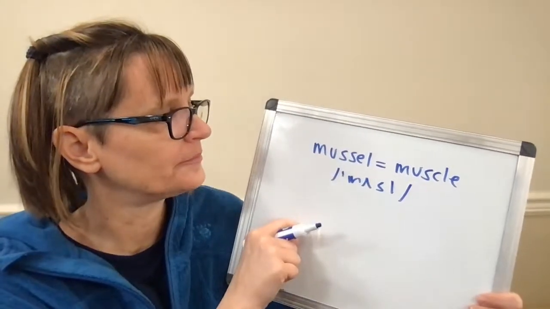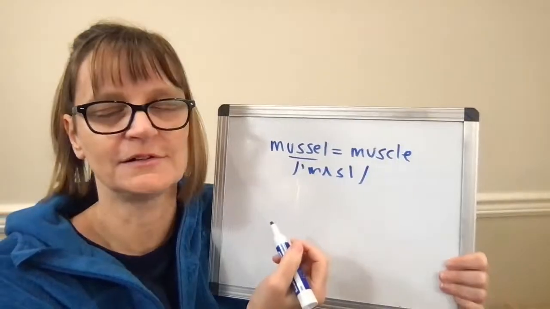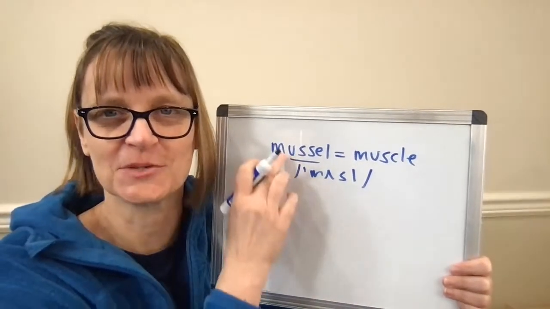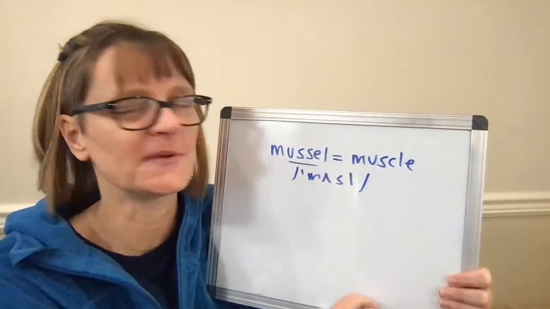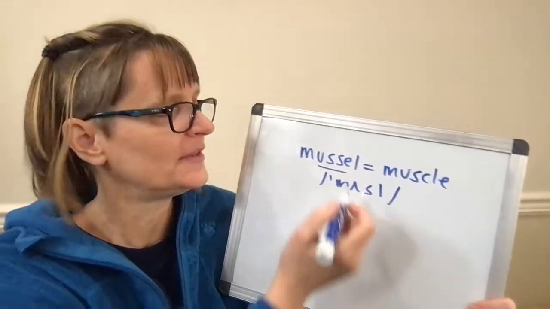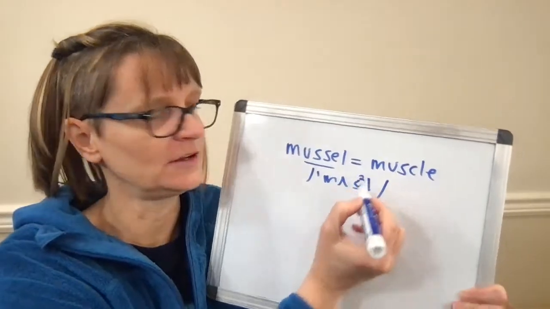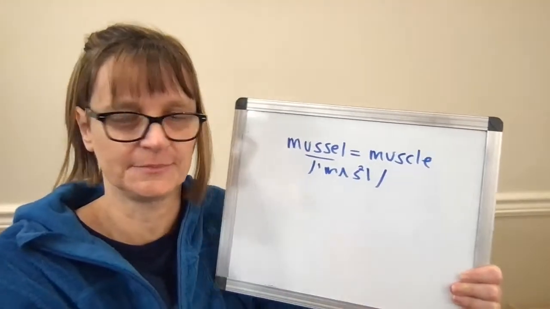So this one is probably easier to think of the pronunciation based on the spelling. This one's a little strange because of that C in there. But the EL, LE, this is the same sound. They're both syllabic L, a little bit of a schwa there, muscle, muscle.